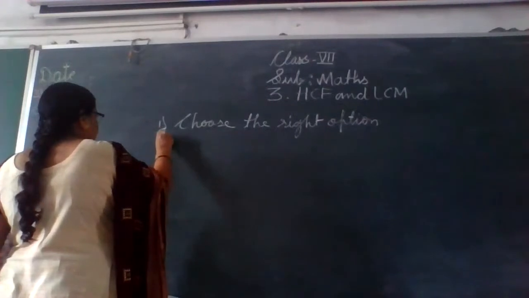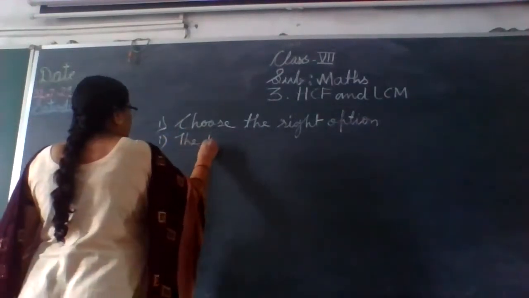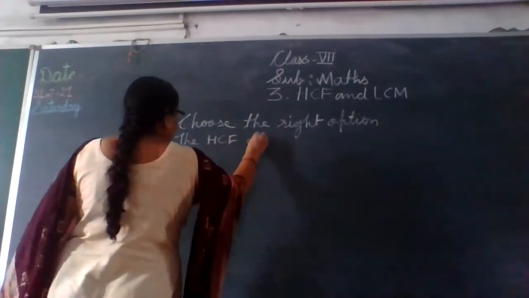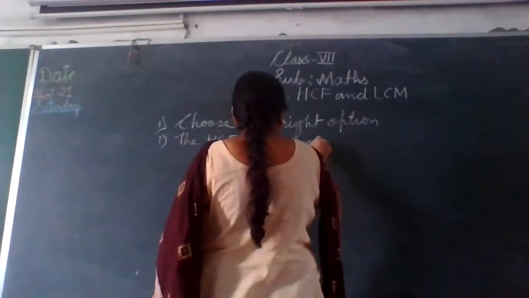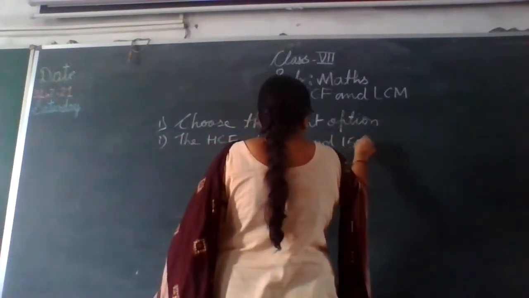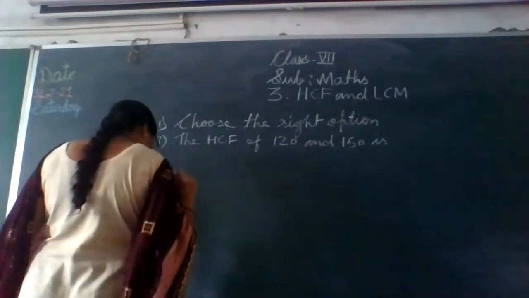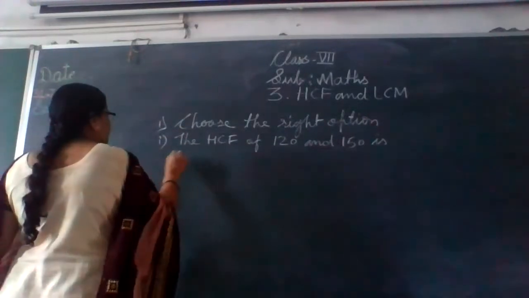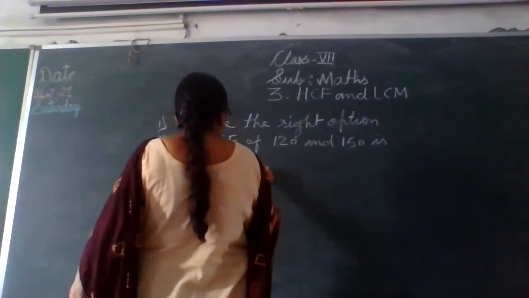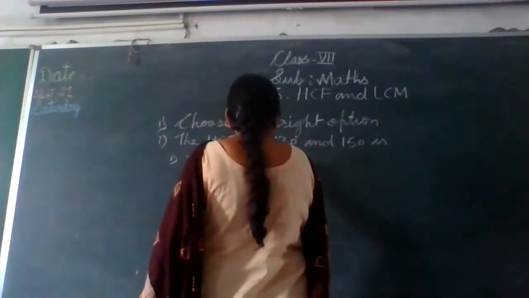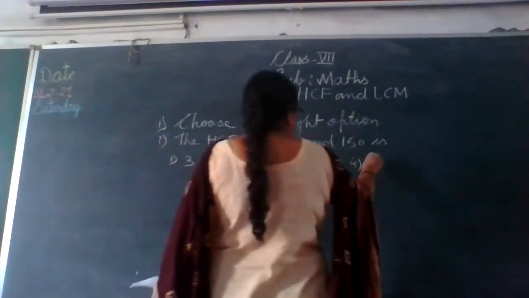First, the HCF of 120 and 150 is, okay, and the options are: 30, second option is 45, third option is 20, and the fourth option is 1.